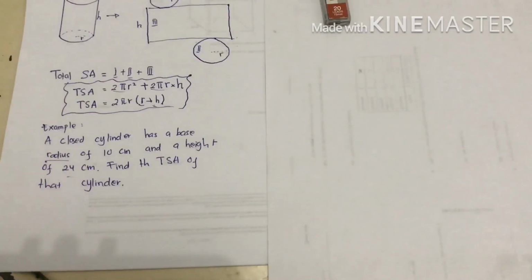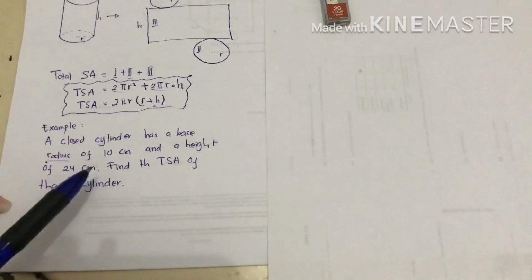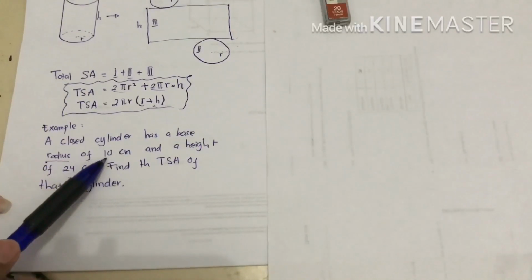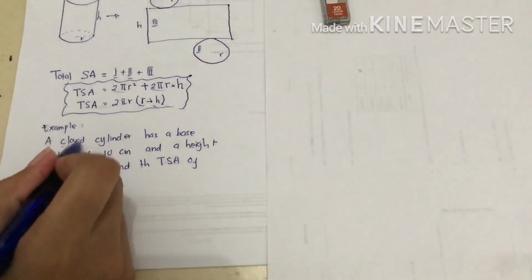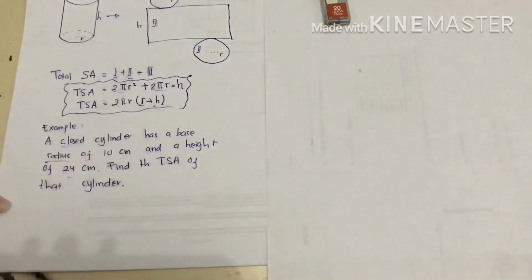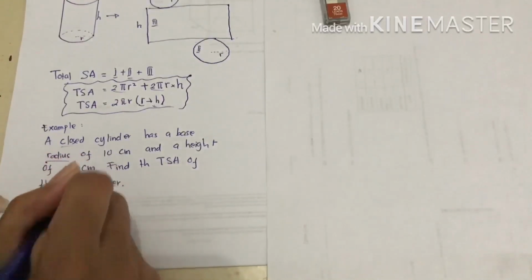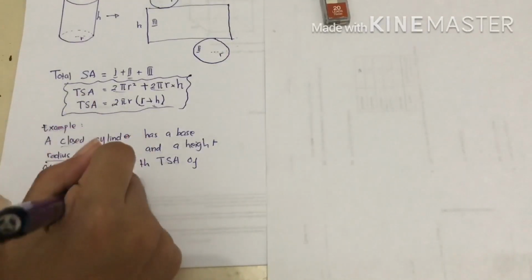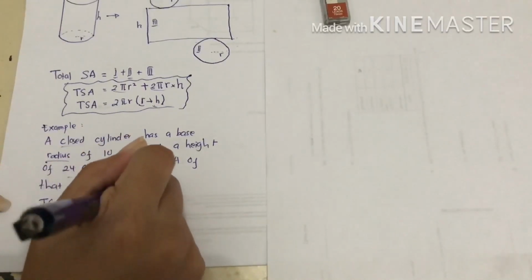Okay, now let's see the solution here. So because here we already have all the given information to find the total surface area, right? So let's see, this is closed figure. It means we have the base and the upper part. So we have the SA equals to, let's just use this, 2 pi r times r plus height.